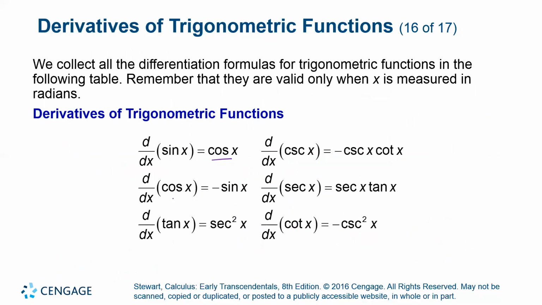The derivative of cosine is negative sine. Tangent is secant squared. Cosecant will be negative cosecant times cotangent. Secant will be secant times tangent. And cotangent will be negative cosecant squared of x.